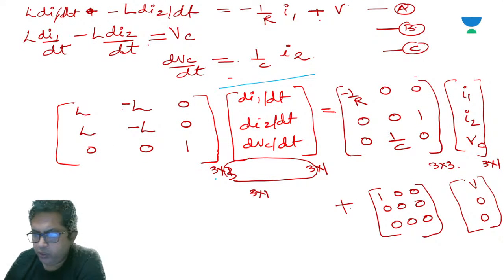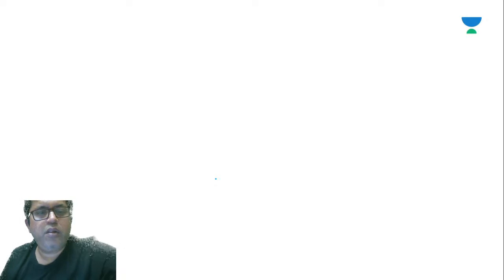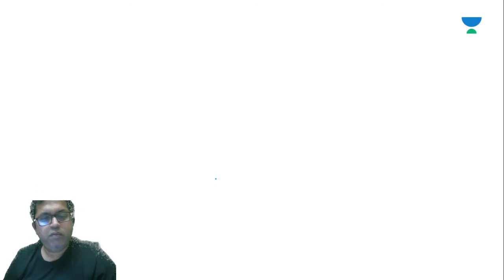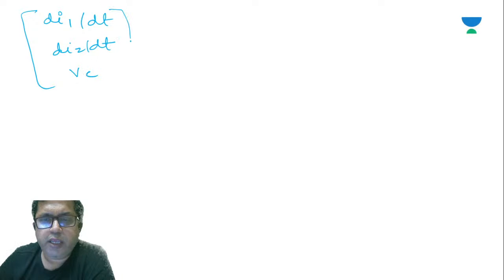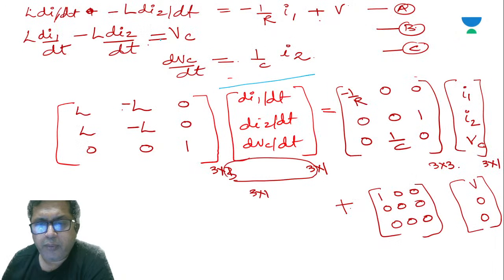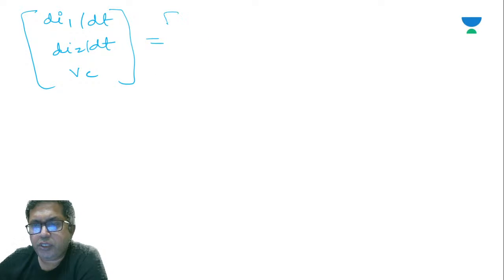So I will write down, this will be equal to di1 by dt, di2 by dt, Vc is equal to, let me check, L, minus L, 0, L, minus L, 0, 0, 0, 1.